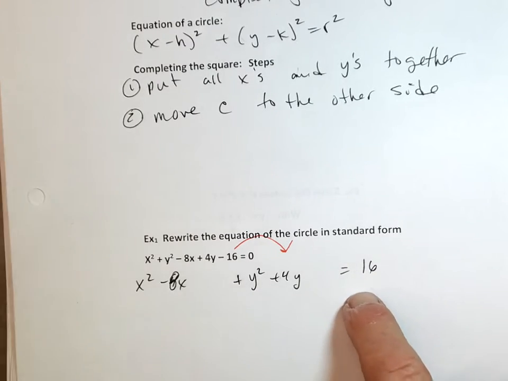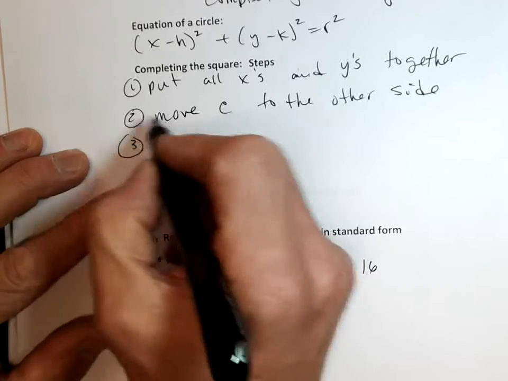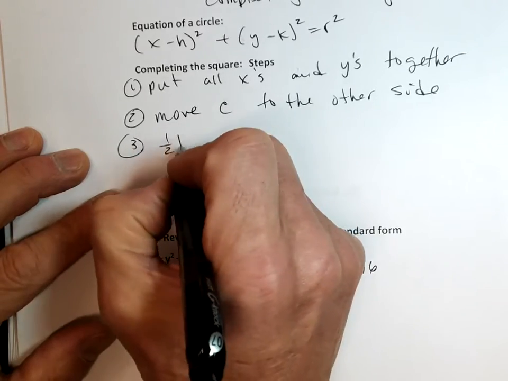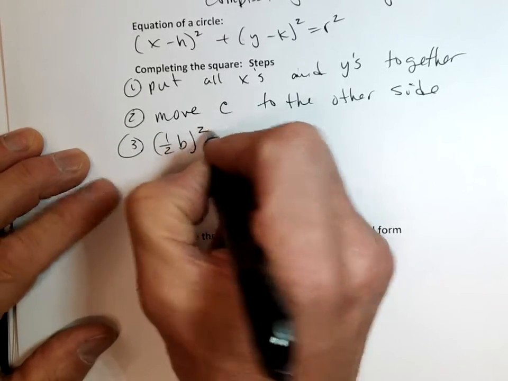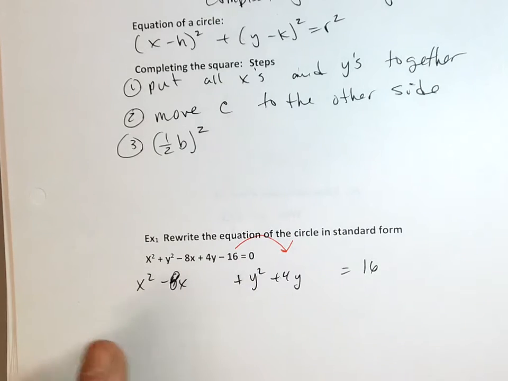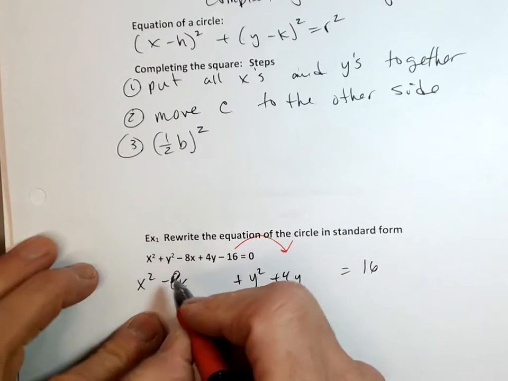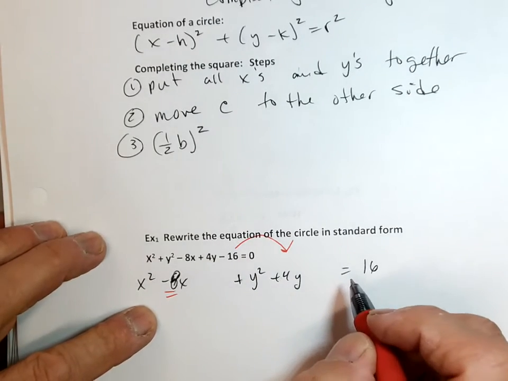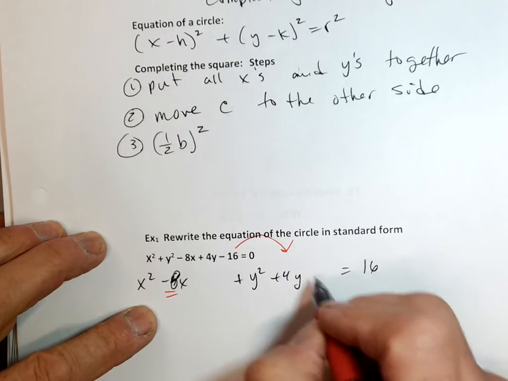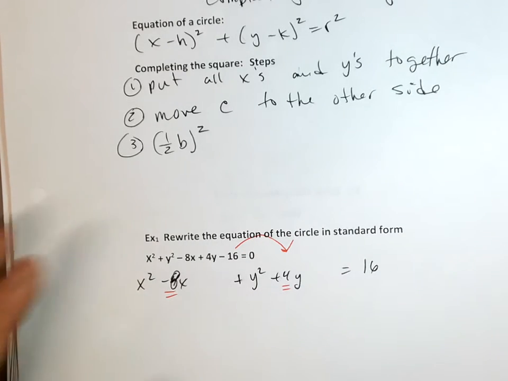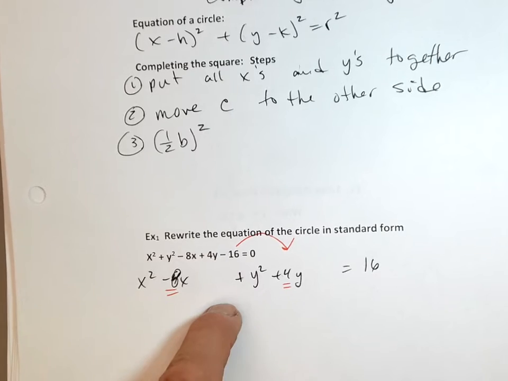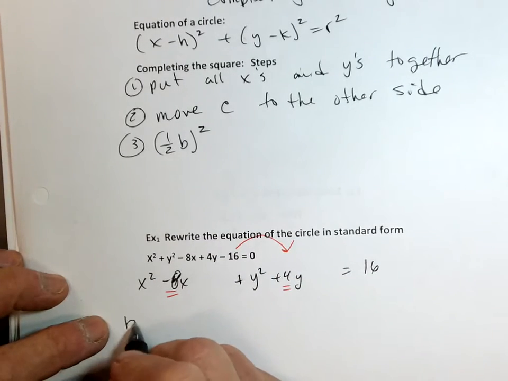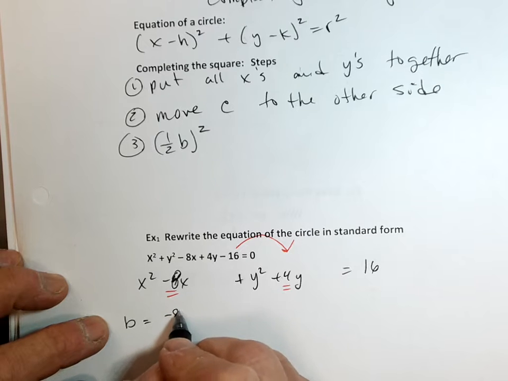Now, step 3. You're going to take 1/2 b and you're going to square it. Now b is the -8, and with the y, the b is the 4. So we've got a, b, and we're looking for c. In this case, my b is -8.